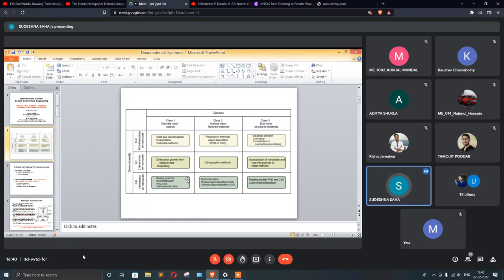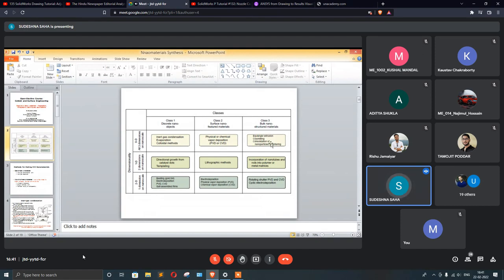We will also talk about for class 2 also, you can use similar kind of methods in order to produce surface featured nanomaterials, as well as you could use rotating shutter, PVD and CVD, cyclic electro deposition, in order to make bulk nanostructured materials.